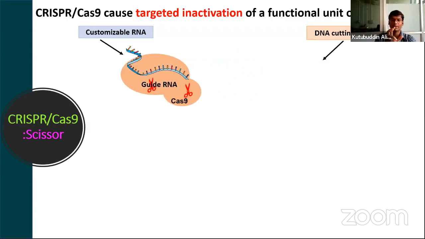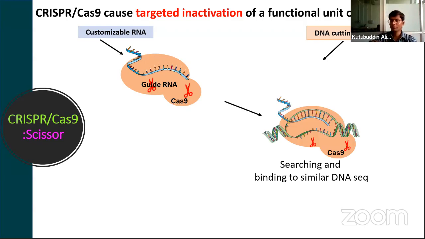The postman takes the address and goes to the genome to search where the similar sequence is present, because you have designed your own address, the guide RNA. Cas9 takes that guide RNA, forms a complex, and goes to the genome to search for sequences similar to the RNA that you have given.